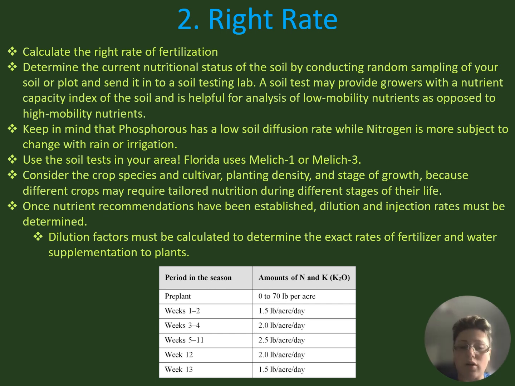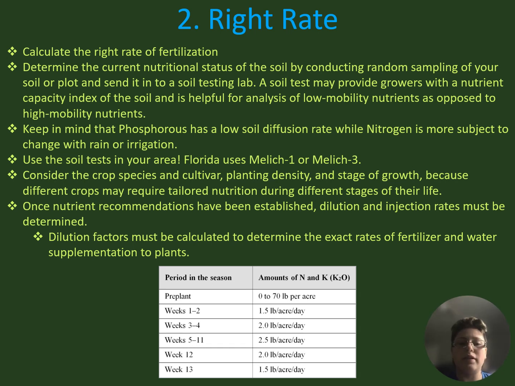Florida uses Mehlich 1 or Mehlich 3, so you can definitely find which soil test analysis your state uses. Consider the crop species and cultivar, the planting density, and the stage of growth, because different crops may require tailored nutrition during different stages of their life.